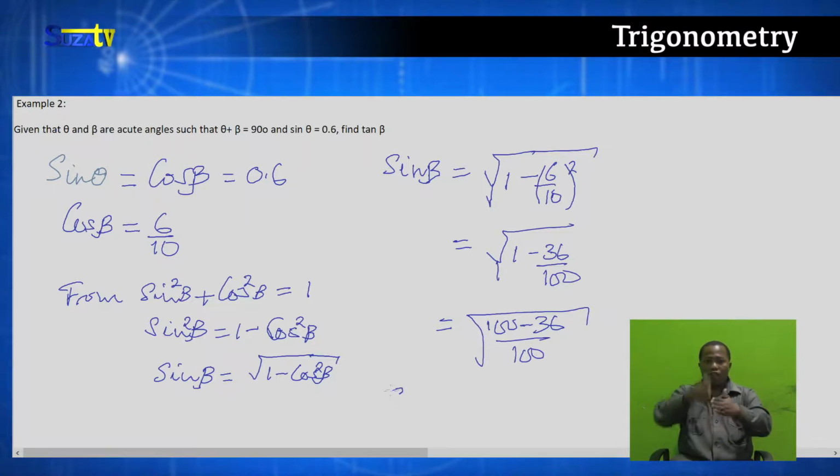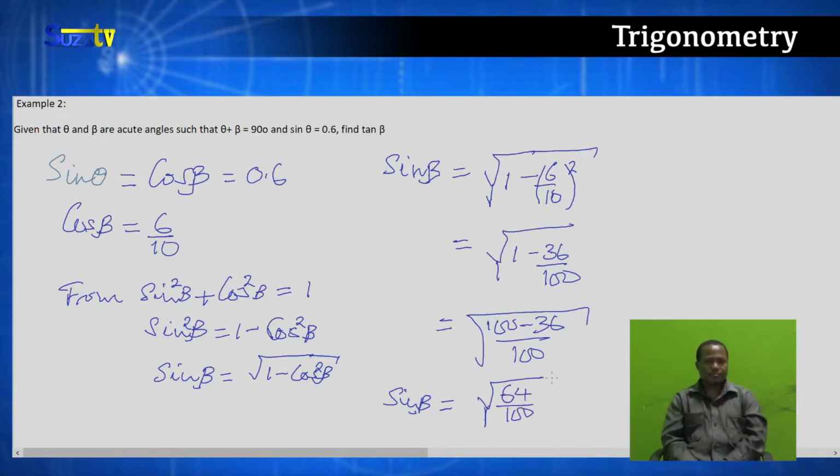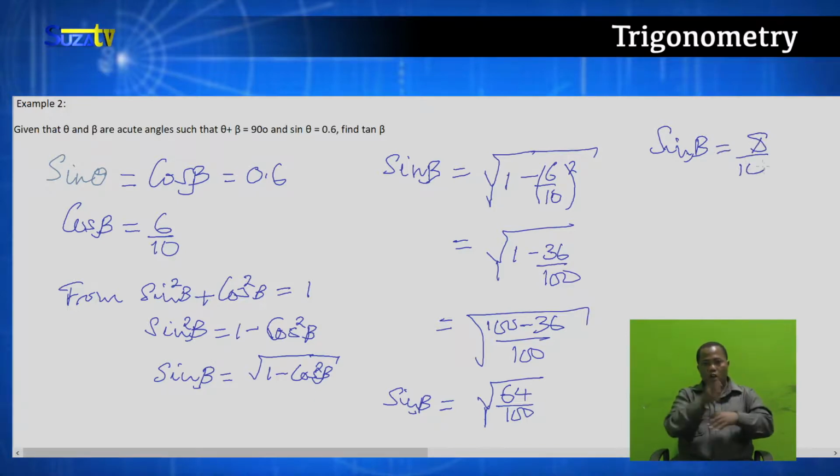So finally we have sine of angle beta equal to square root of 64 over 100. 100 minus 36 is 64, and here we have 100, and we can have sine of angle beta equal to 8 over 10.